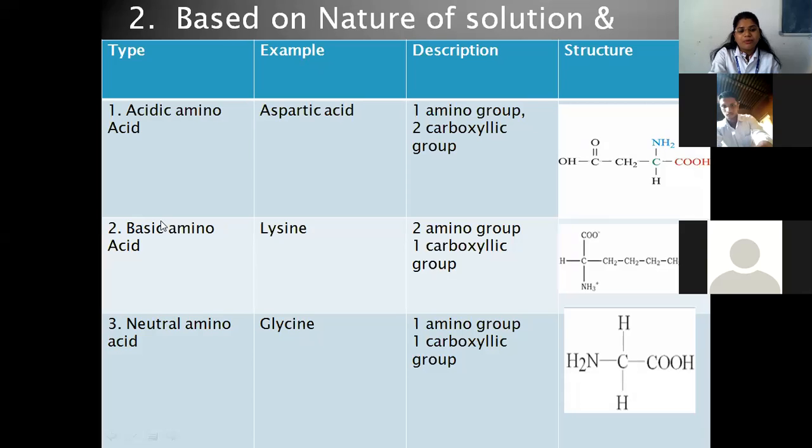Then the second one is the basic amino acid. Basic amino acid contains two amino groups and one carboxylic group at pH 6. See the structure of lysine. The example of a basic amino acid is lysine. Then neutral amino acid. Neutral amino acid will contain one amino group and one carboxylic acid group.